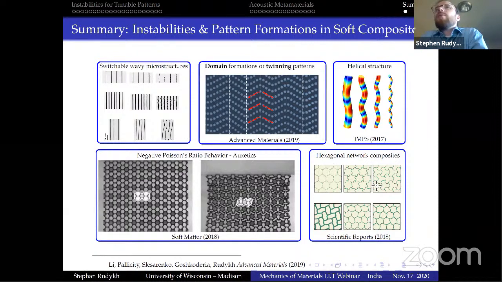But most of what I've shown is based on periodic structures, and there was some aspect of random distribution in the fiber composites for which we obtained effective behavior, but there was no real consideration of the wavelengths there. So it was a kind of effective behavior that you can obtain and use to estimate when the material will become unstable.